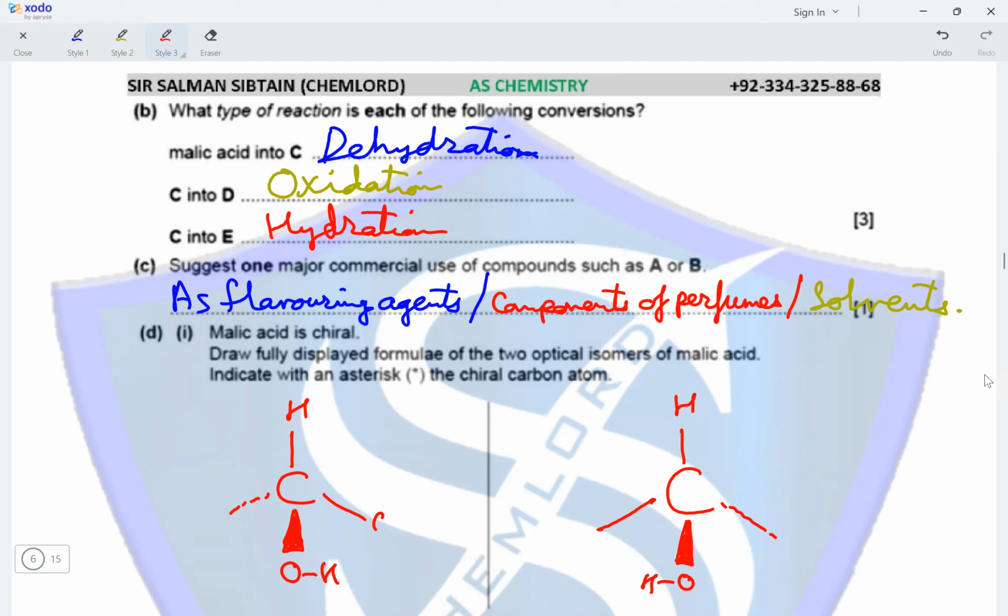Now, if we place a COOH on the left on one of the isomers, then on the right it would be placed on the left of its optical isomer, and the remaining group, CH2COOH, on the left side of one isomer, will be positioned on the right side of its optical isomer. So these are the two optical isomers of malic acid, and the question asks us to mark the chiral carbon with an asterisk. So the central carbon atom is the chiral carbon atom here.